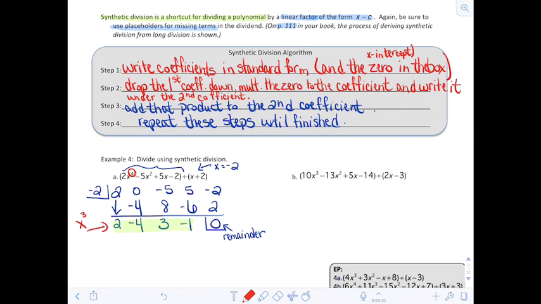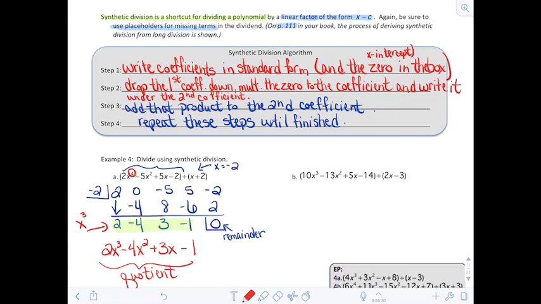So the 2, negative 4, 3, negative 1 are the coefficients for a cubic. So my quotient would be 2x to the third minus 4x squared plus 3x minus 1, and there's no remainder. So this is my quotient. It's my answer for when I divided.